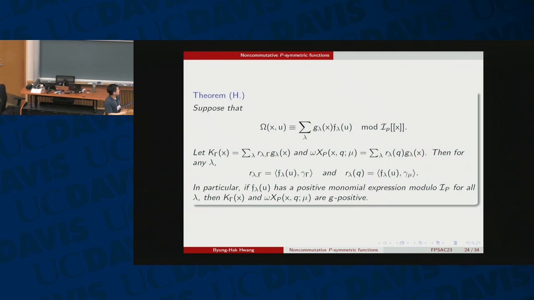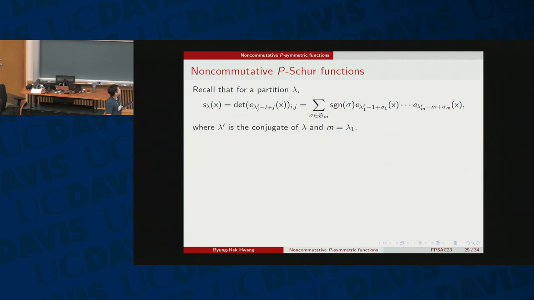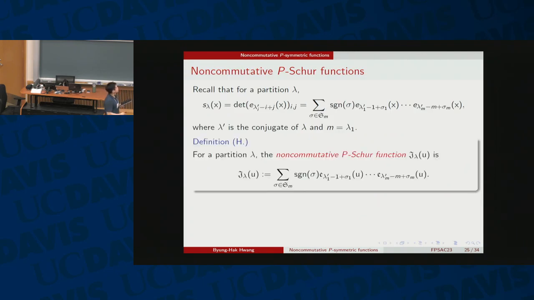So if H sub F sub lambda has a positive monomial expression modulo I sub P, then K sub gamma and the chromatic quasisymmetric function are also G positive. Okay, in this manner, we can prove some positivity of symmetric functions.